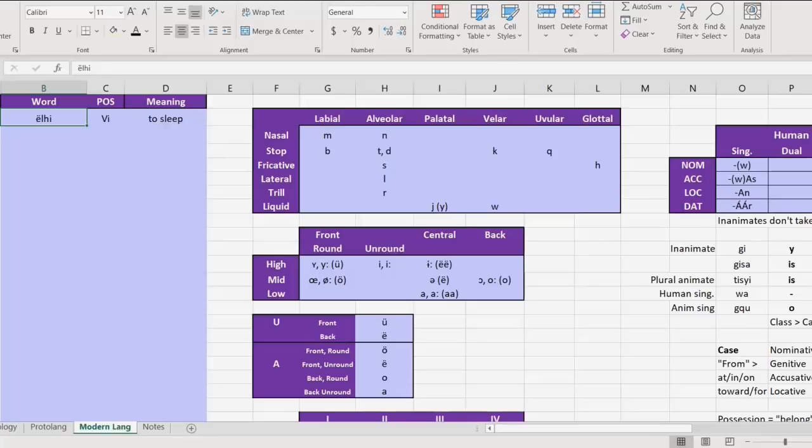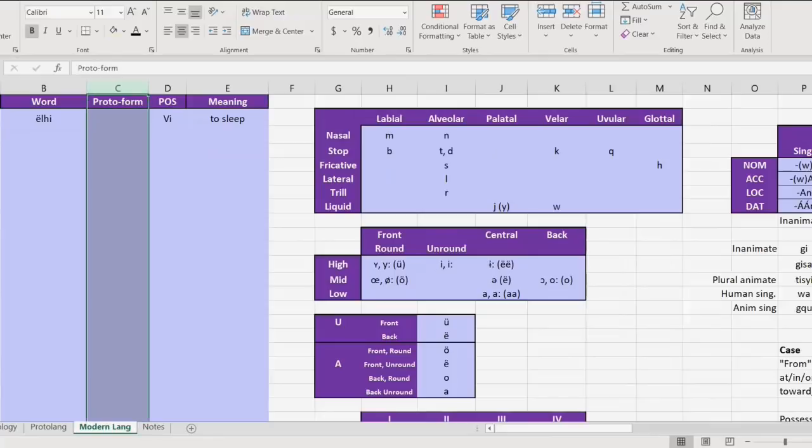Because remember, the vowel could also alternatively have come from the u vowel, because the u weakened. So to know whether the suffixes that get attached should follow front or back harmony, we have to know that it came from e, not u. Which reminds me, we should have a column here for protoforms as well.